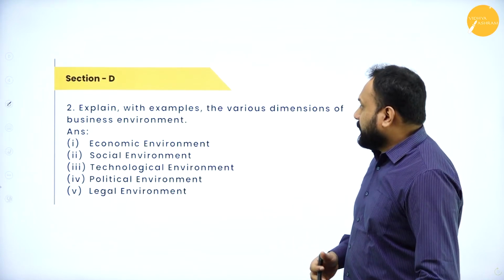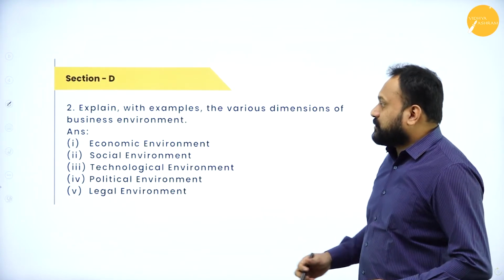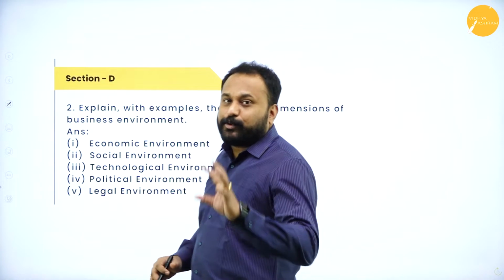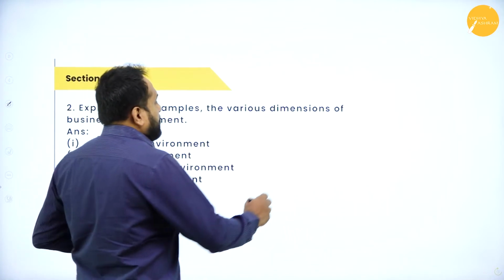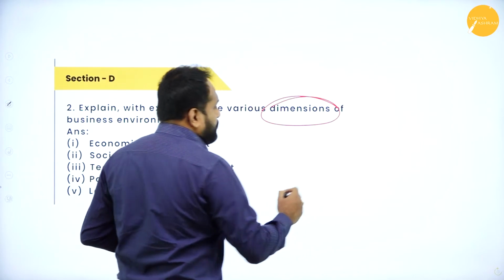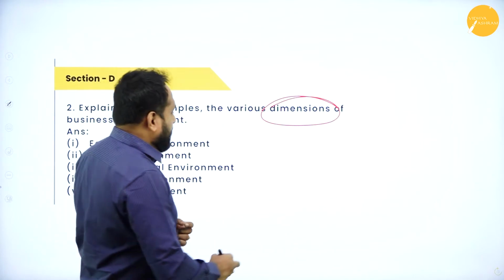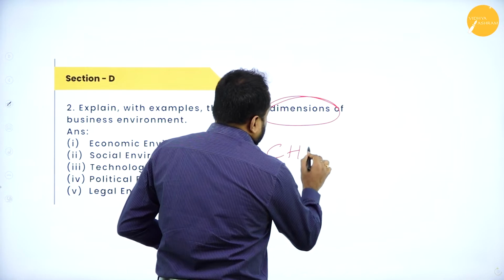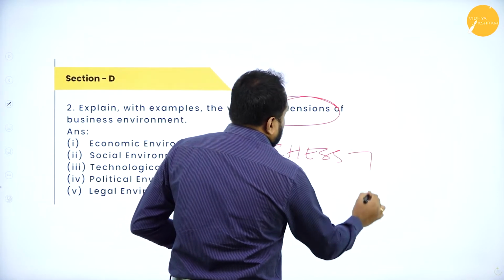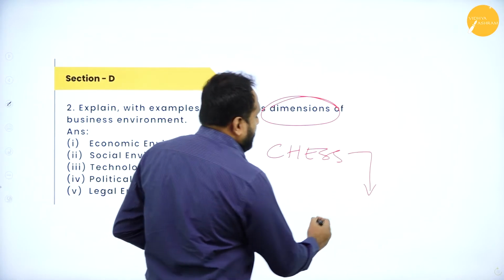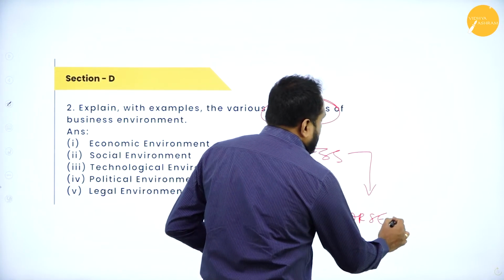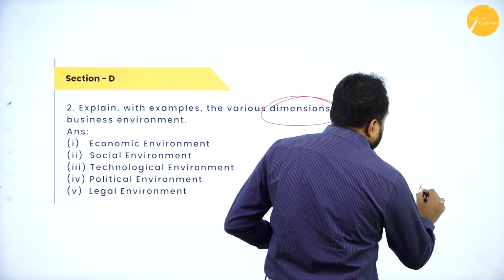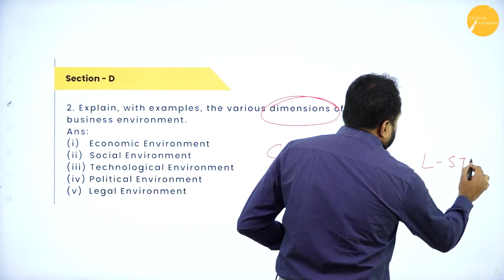And explain with examples the various dimensions of business environment. The minute you get a question called dimensions of business environment, you are supposed to think about the chess game, and there you are supposed to go with the horse, how it actually moves, and this is called the L step.